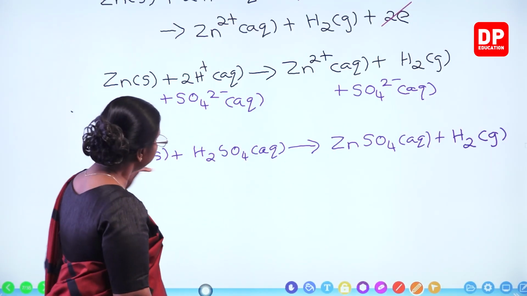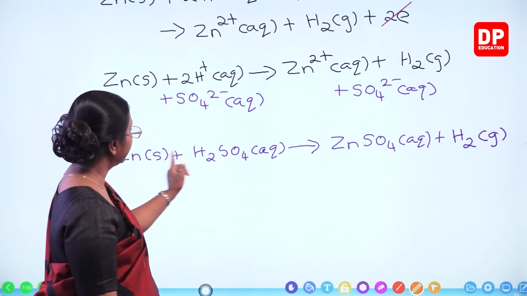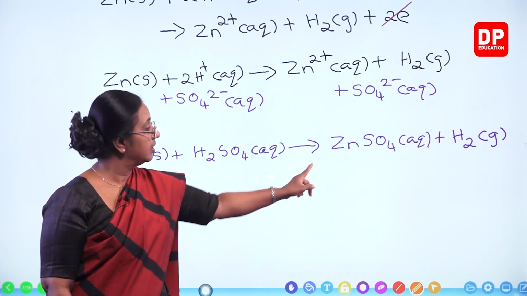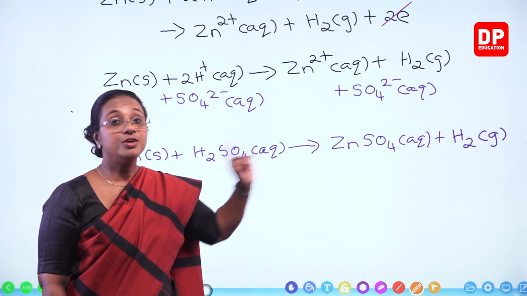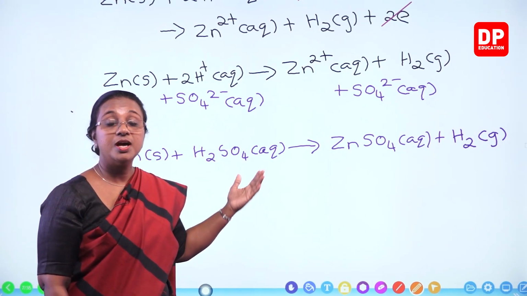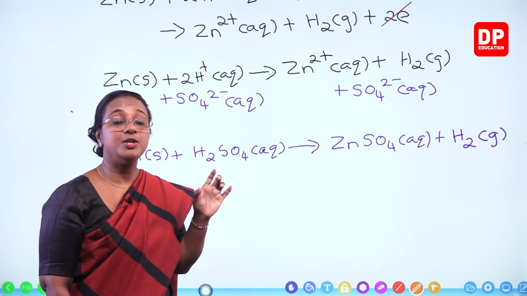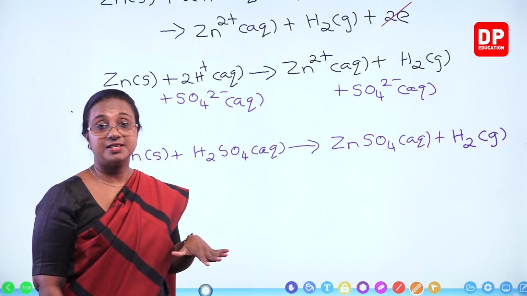Now so far we have only been dealing with this type of reaction. A metal reacts with acid to give rise to the salt and releasing hydrogen gas. You are familiar with that. But now you all have understood what really happens when you put a piece of zinc sheet into dilute sulfuric acid.